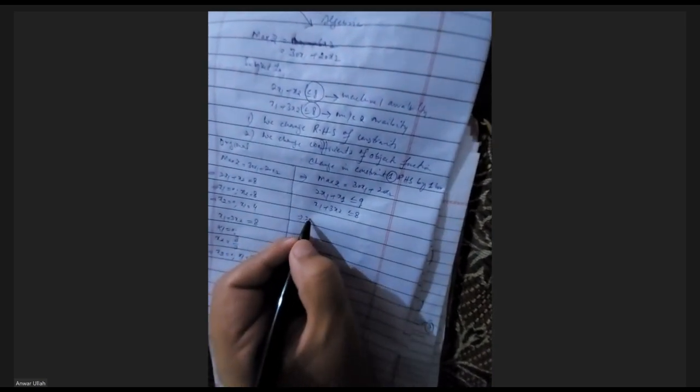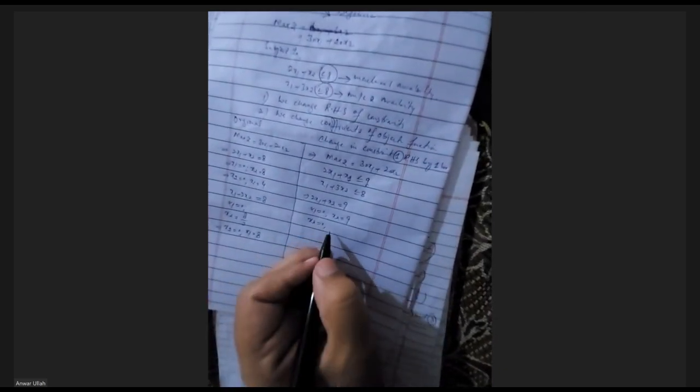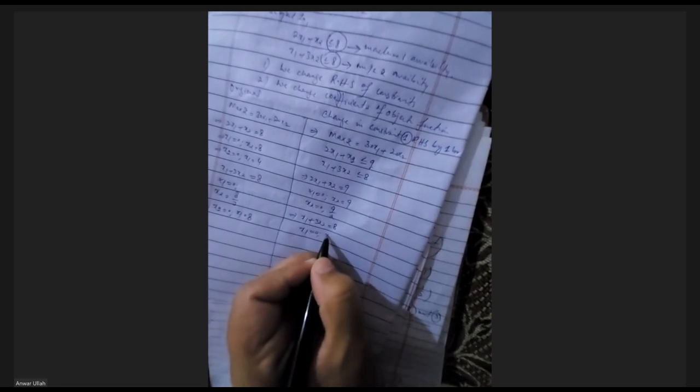Now, using graphical method, we see that 2x1 plus x2 is equal to 9. If x1 is equal to 0, x2 is equal to 9. Now, if x2 is equal to 0, x1 is equal to 9 by 2. For the other one, we see that x1 plus 3x2 is equal to 8. Now, if x1 is equal to 0, x2 is equal to 8 by 3, just like we found it over here.